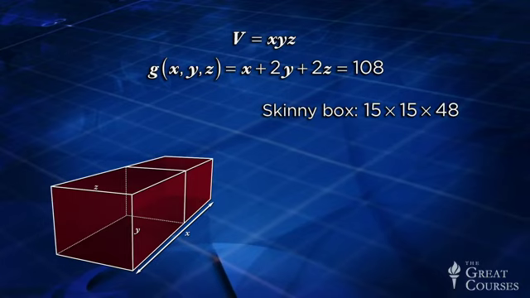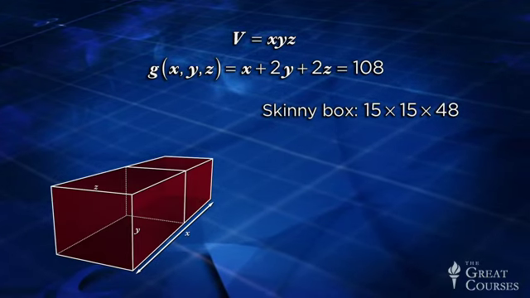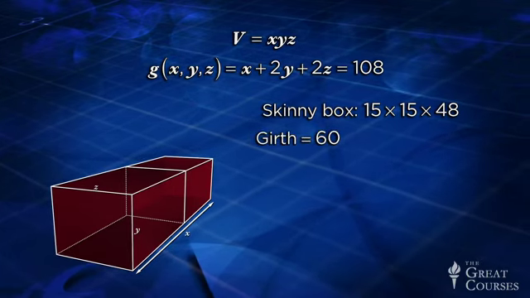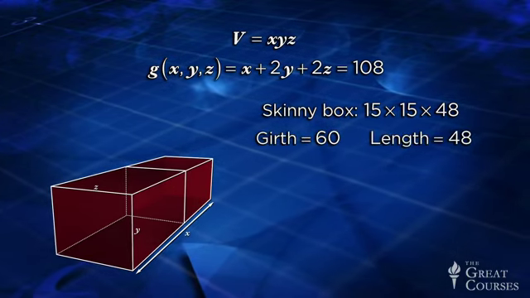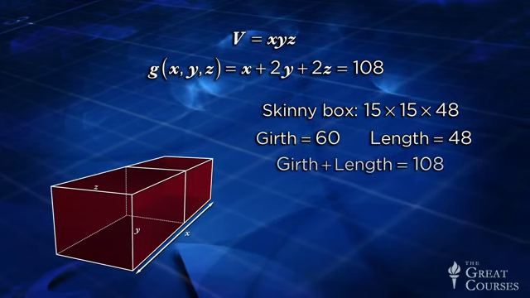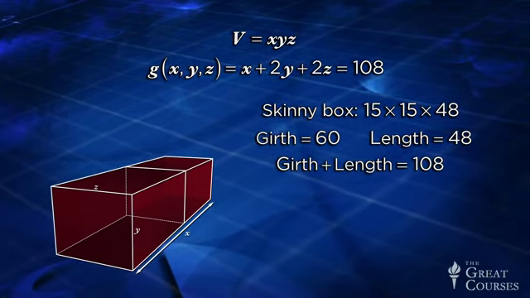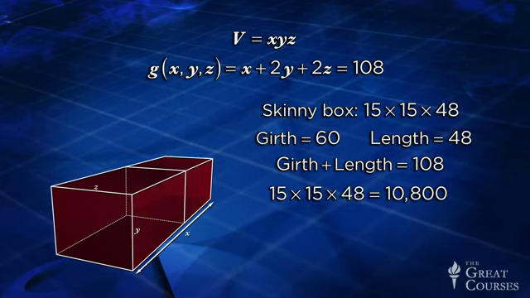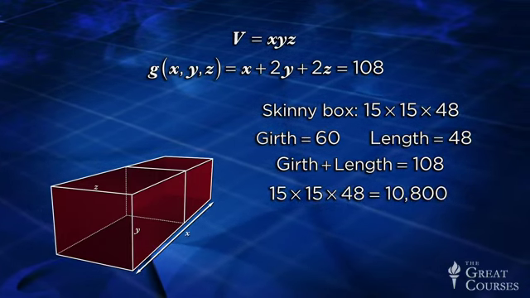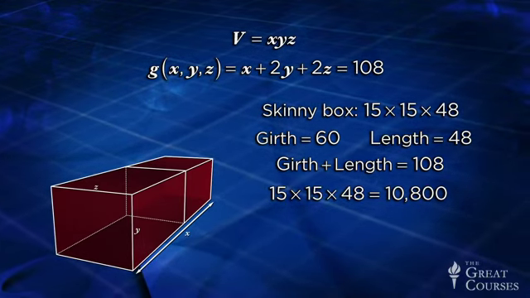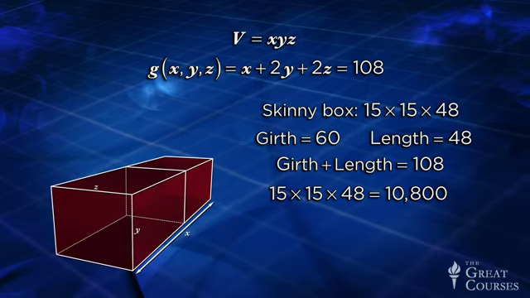Quite long with not much girth. But let's see if it meets the requirements. The girth is 4 times 15 or 60. The length is 48. Yeah, girth plus length is 108. So it's a legal package. What's the volume now? 15 times 15 times 48. Oh, now that's 10,800. That employee's done a little bit better.